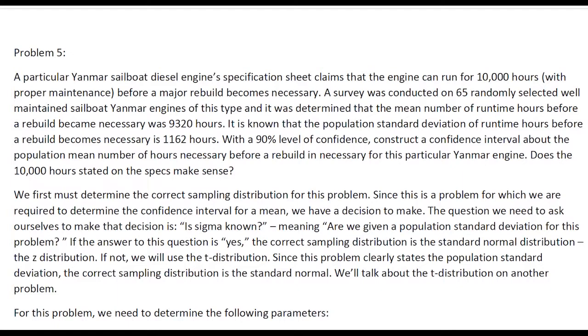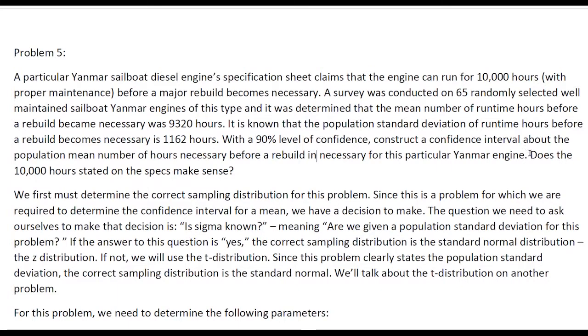It is also known that the population standard deviation of runtime hours before a rebuild becomes necessary is 1,162 hours. With a 90% level of confidence, construct a confidence interval about the population mean number of hours necessary before a rebuild. That's supposed to say is necessary for this particular Yanmar engine.